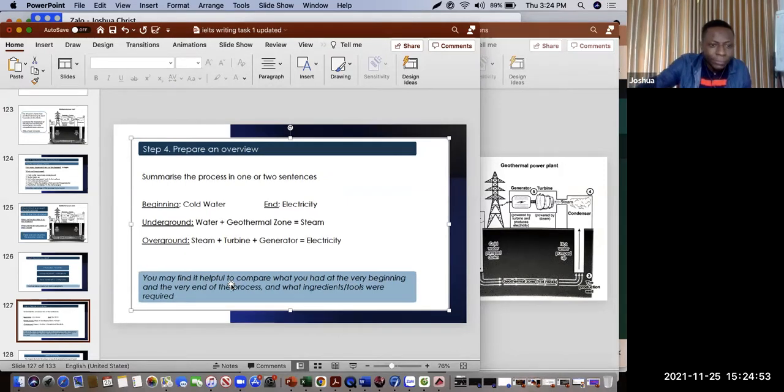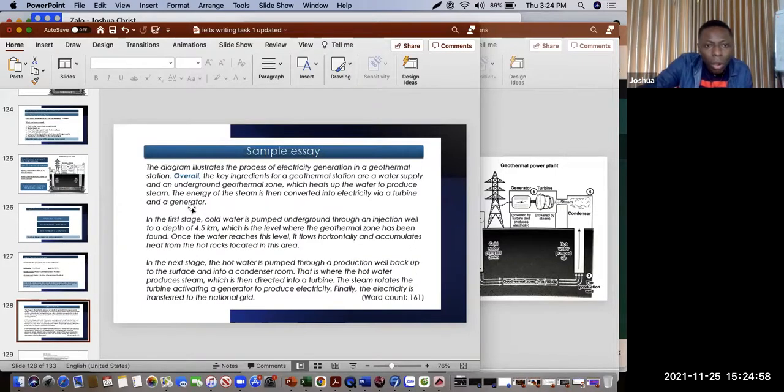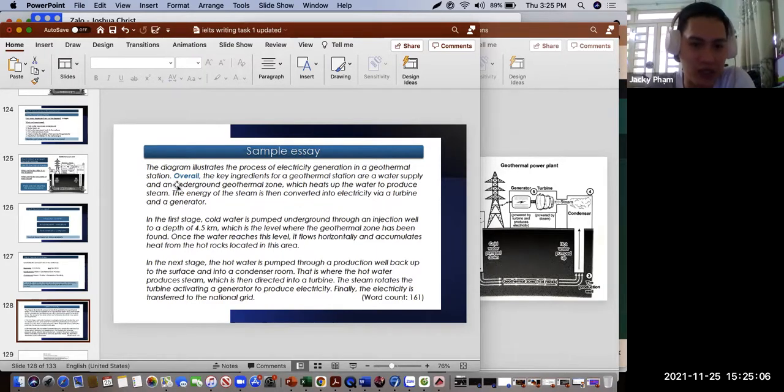So let's see, what do we have here? So your introduction. Jackie, can you read the introduction and overview? The diagram illustrates the process of electricity generation in a geothermal station.